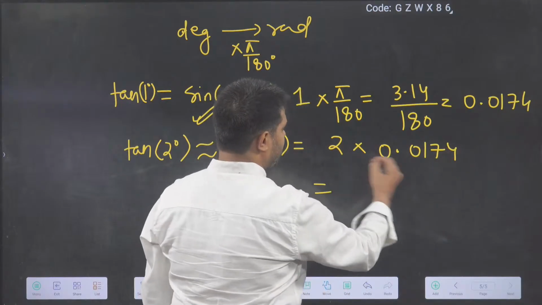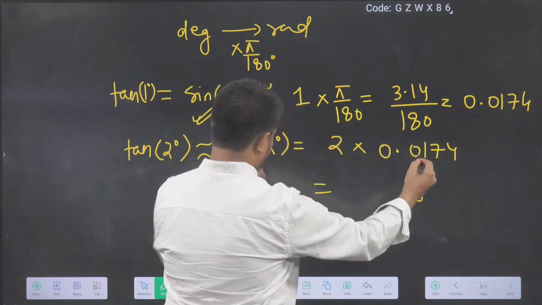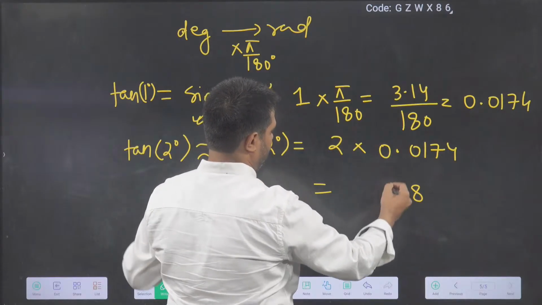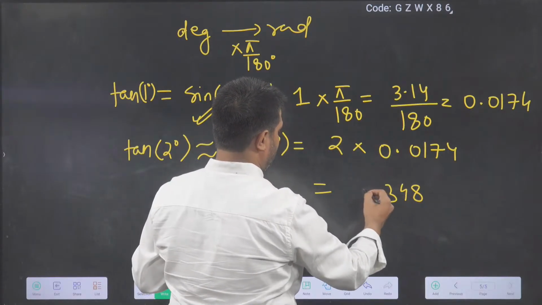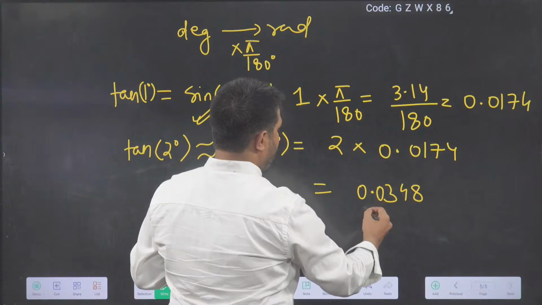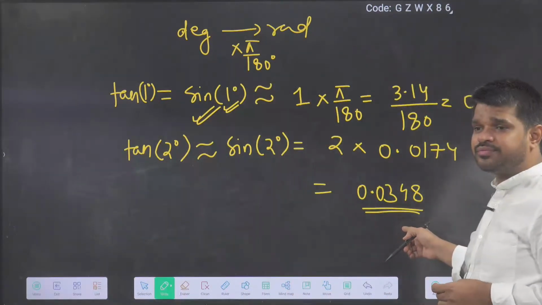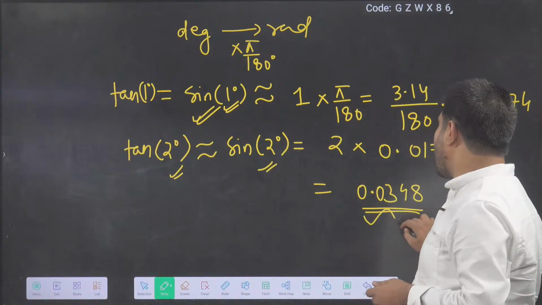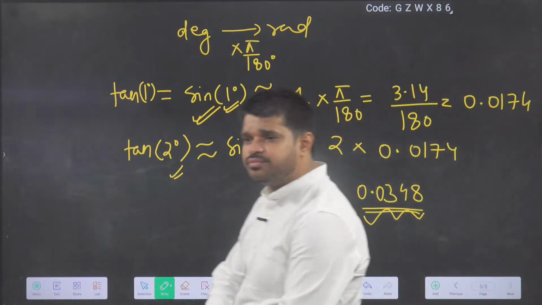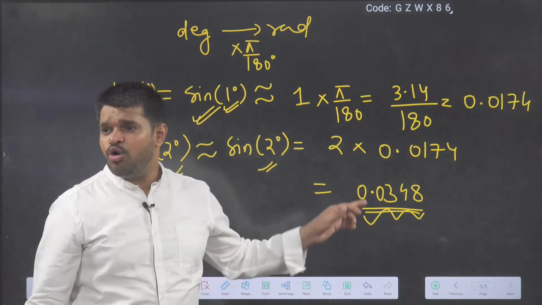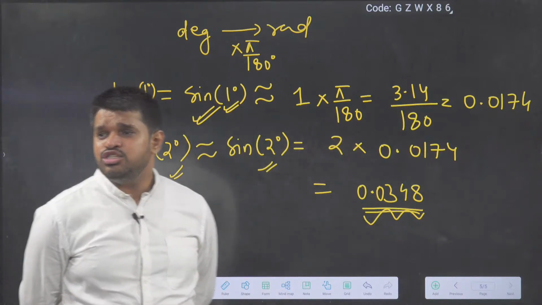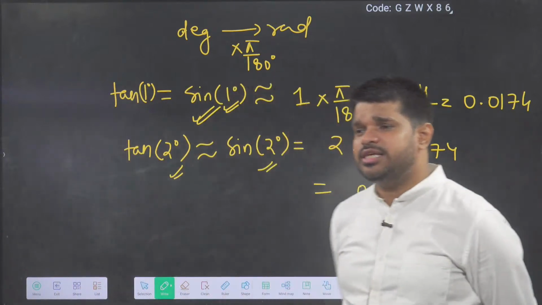So what is the answer? Are you getting this answer? Check what is tan 2 degree or sine 2 degree. How many of you are getting the same answer from the internet? Check Google.